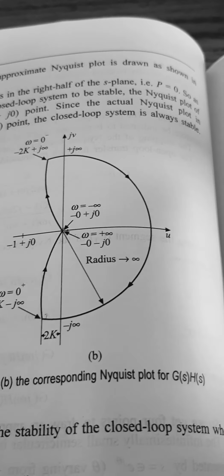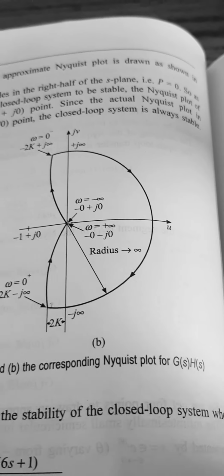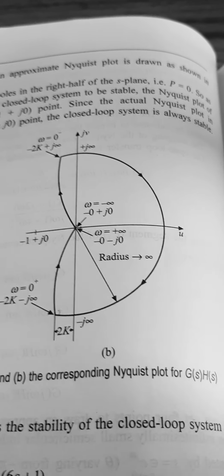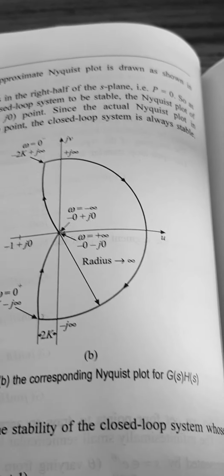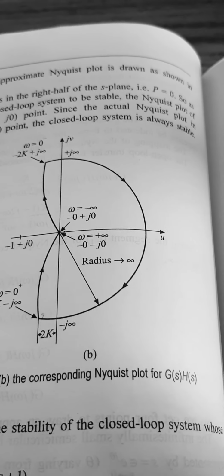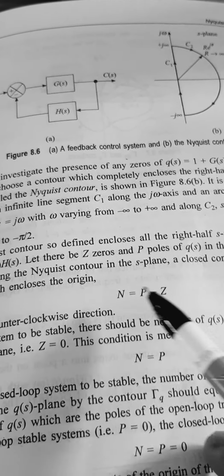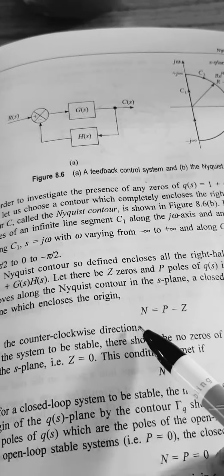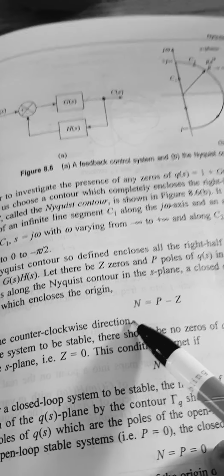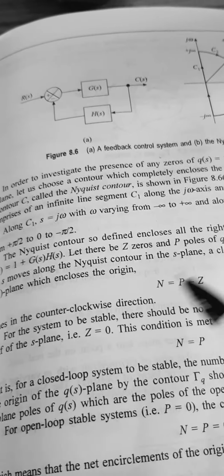There is no pole on the right half of the plane, so P is equal to 0. N is equal to P minus Z. P is equal to 0, Z is equal to 0, so N also is 0. N is the resultant encirclement. Here there is no encirclement.